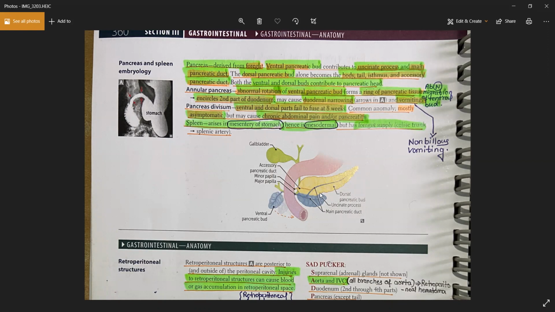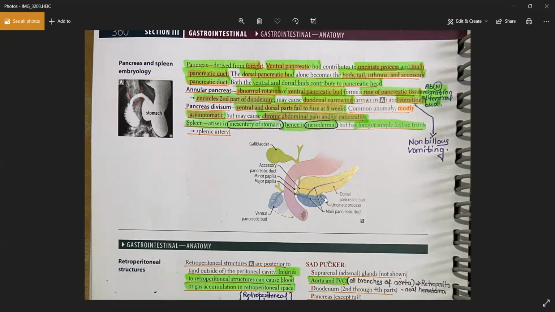You need to know what structures are derived from the ventral pancreatic bud and what structures are derived from the dorsal pancreatic bud. The main pancreatic duct, as you can see in the diagram also, is derived from the ventral pancreatic bud.